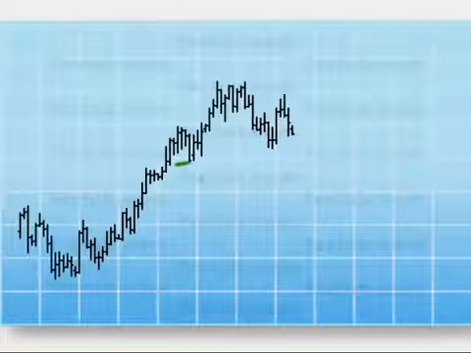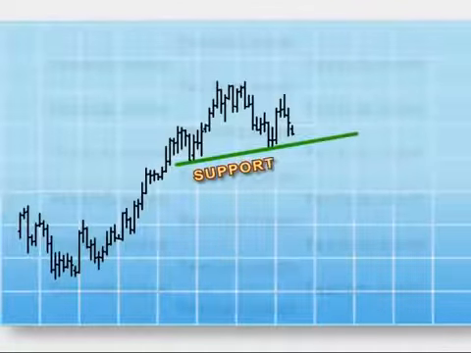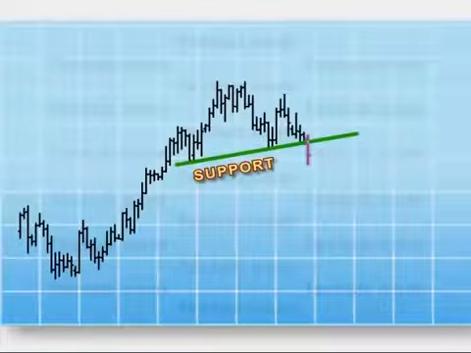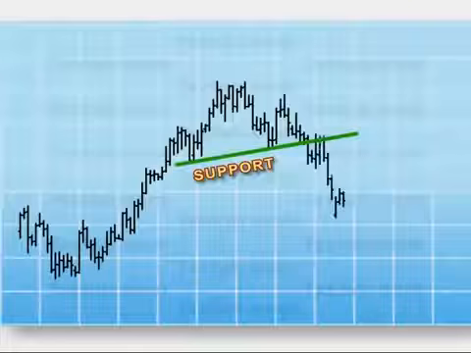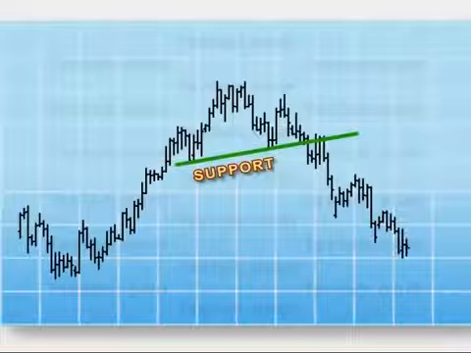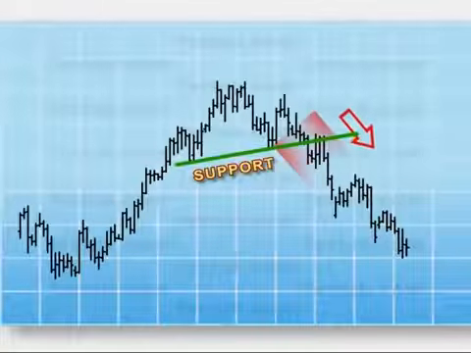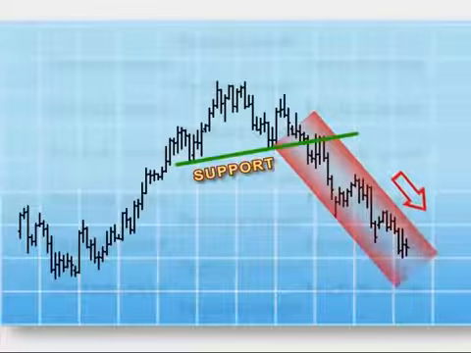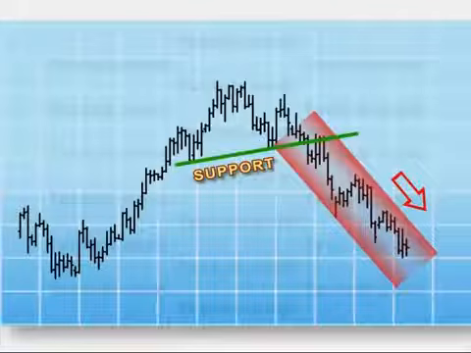At the end of this phase, price breaks through the flatter support and a new trend, a downtrend, begins. This support line is known as the neckline.